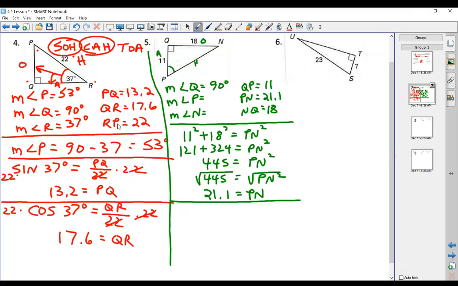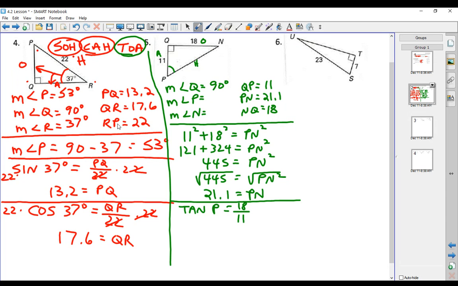This is the hypotenuse right here. So if I know the opposite and the adjacent side, that is tangent. So I want to do the tangent of angle P is equal to the opposite, which is 18, over the adjacent, which is 11.